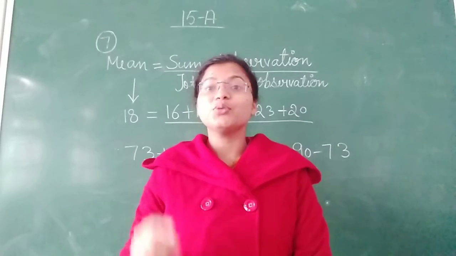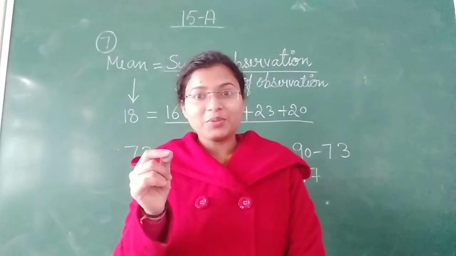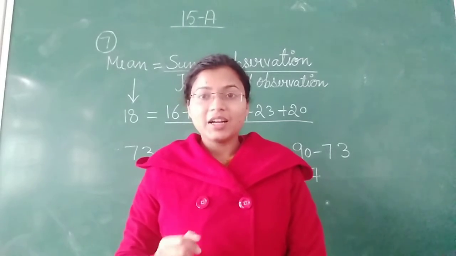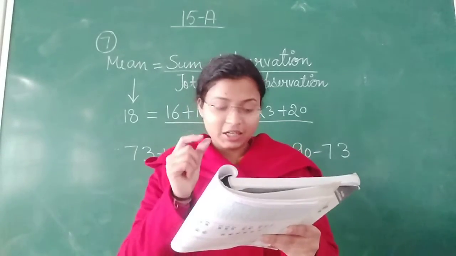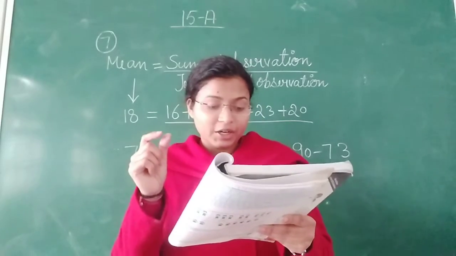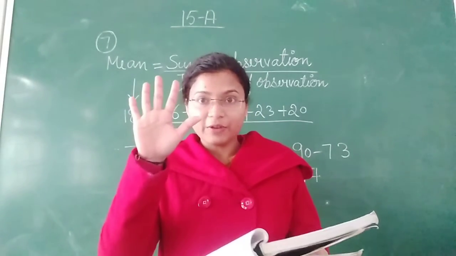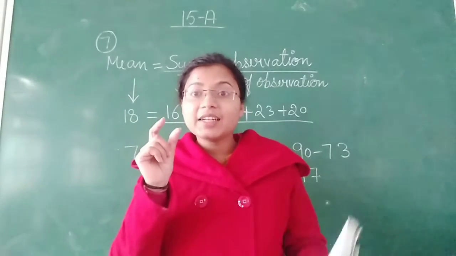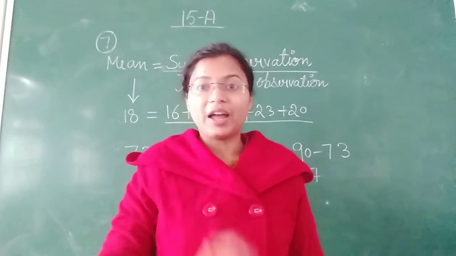There is no change in the procedure. We are going to use the same formula. Mean is equal to sum of the observations upon the total number of observations. Here, the data given is 16, 14, x, 23 and 20. That means how many numbers? Total 5 numbers. The mean is 18. What is 18? 18 is the given mean value.